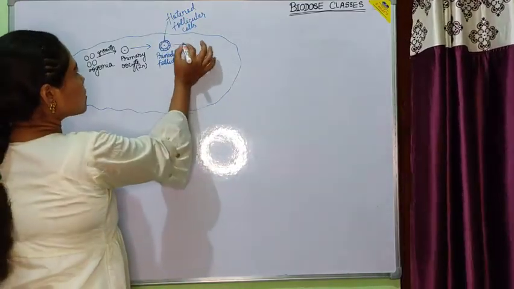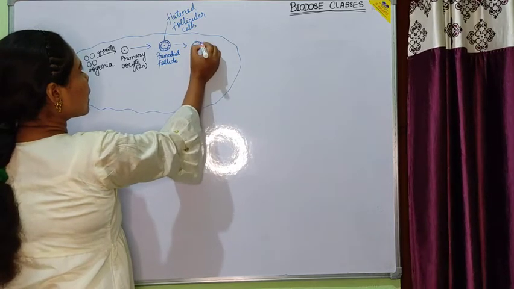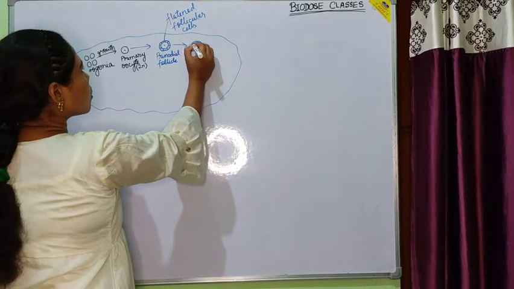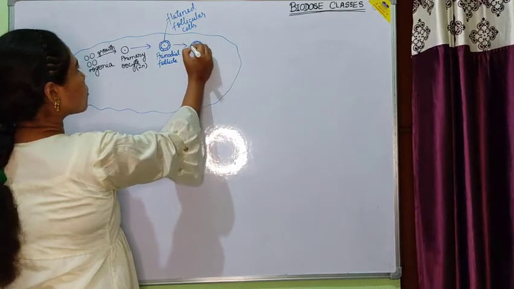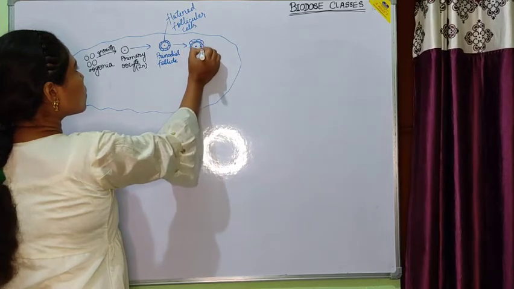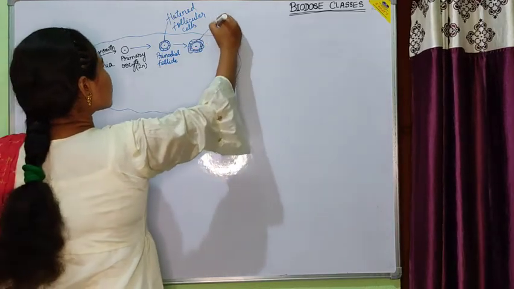Now, this structure is again surrounded by another layer of columnar follicular cells.